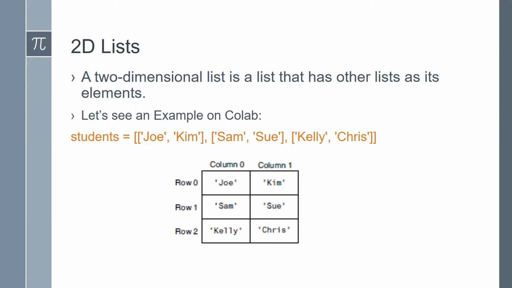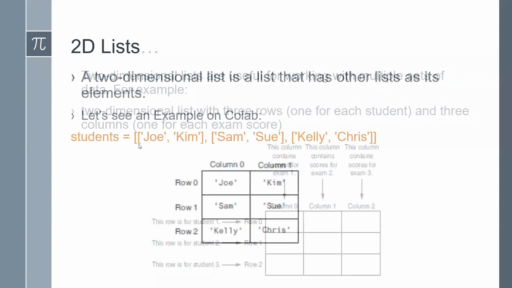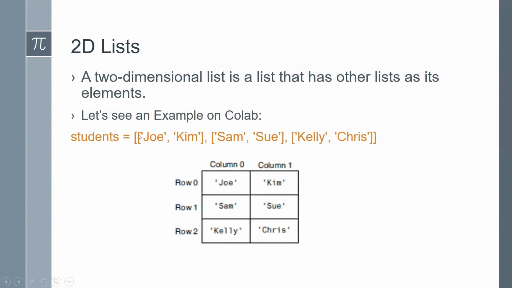I'll just show you first an example, then we will talk about it in more detail, so you can visualize what I'm going to talk about. In this example, students equals Joe, Kim, Sam, Sue, Kelly, Chris. This is a list within a list. Joe, Kim is a list, Sam, Sue is a list, Kelly, Chris is a list, and they are all part of a list called students.